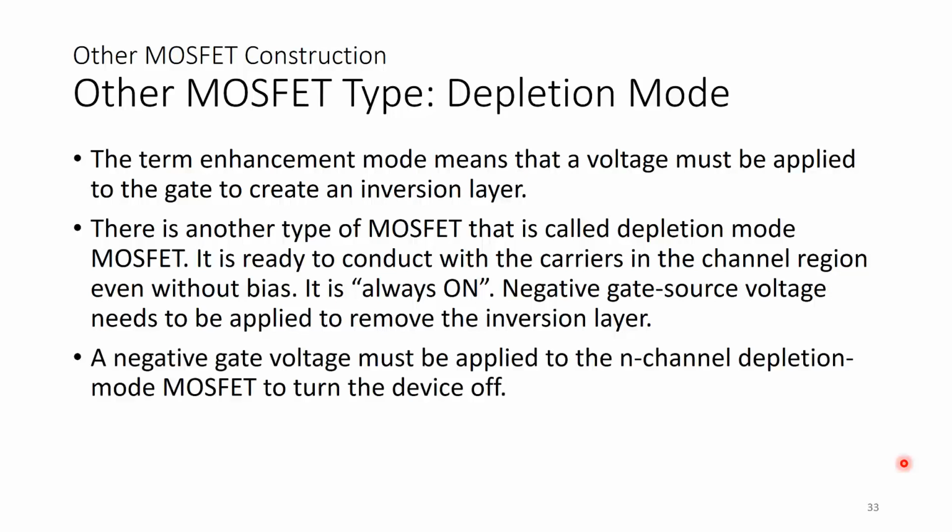You need to apply negative voltage to turn the device off. There may be occasions where you might need a depletion mode device, but in our syllabus, because enhancement mode is more widely used, we will focus on the enhancement mode device.